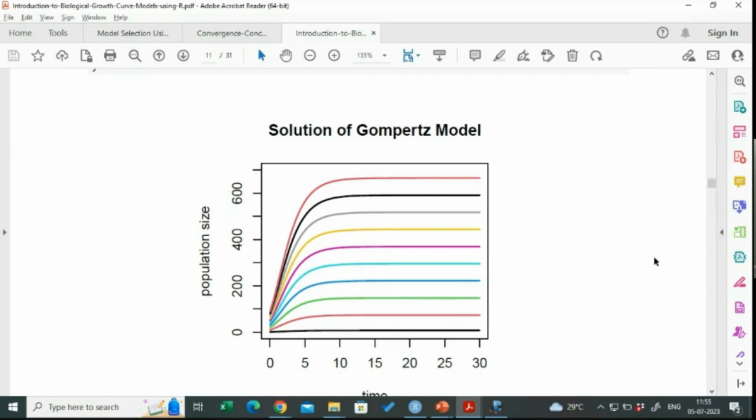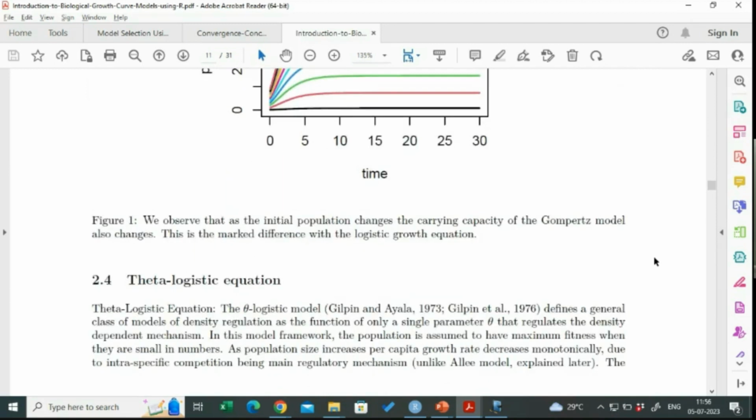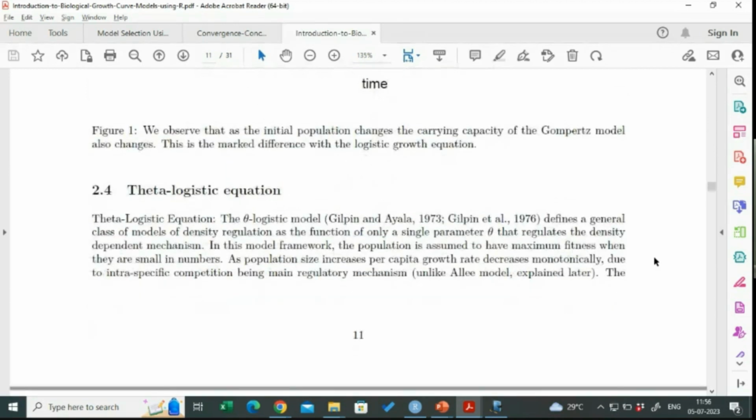If your initial population size is more, it is going to settle down at a higher value. So the, quote unquote, carrying capacity or the fixed point for the Gompertz population model is a function of the initial population size. It's not just a constant.